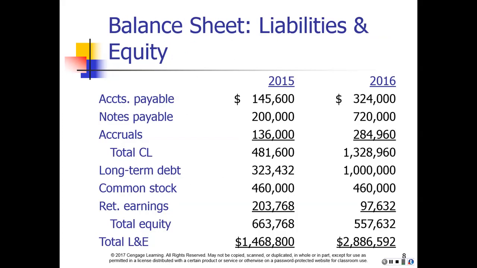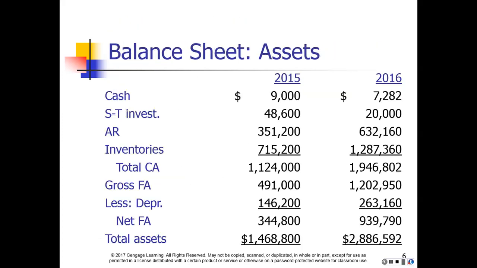This time we look at fixed assets. And we see that fixed assets went up quite a bit, and that will give us the amount of cash that was used up in acquiring fixed assets.